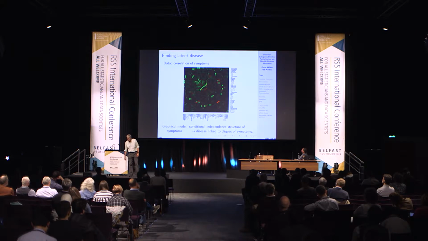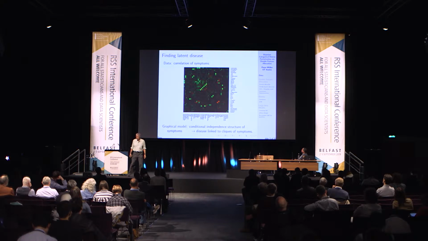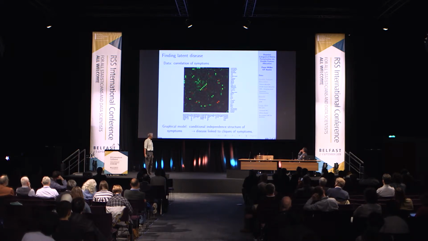So in the next attempt, we could try inference on a graphical model. We could formalize conditional independence structure as a graphical model, and then attempt to identify disease with some feature of the graph. For example, we could estimate the conditional independence graph and try to identify cliques of that graph as disease.